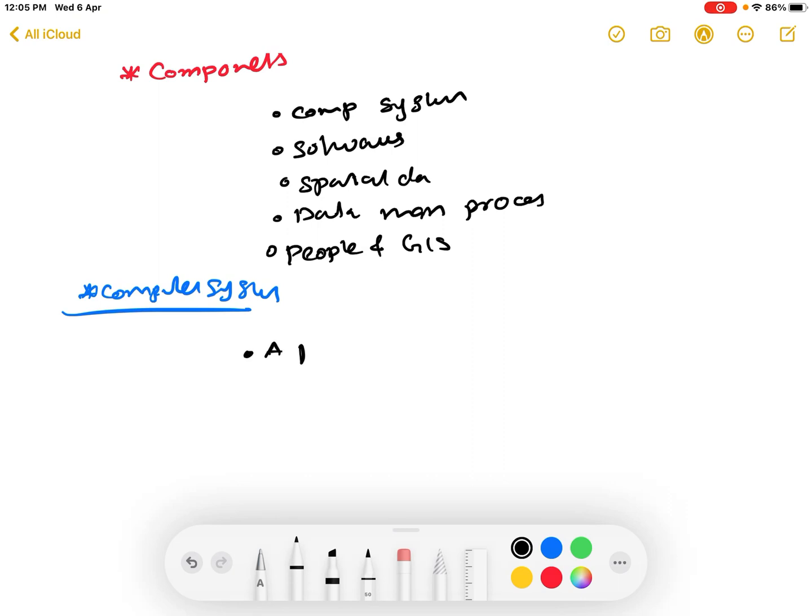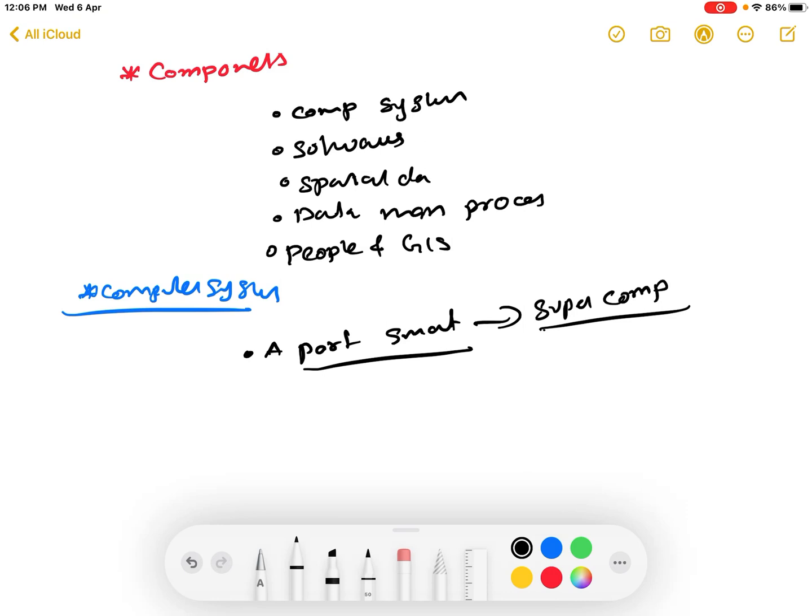We can run GIS on a wide spectrum of computers, from a portable smartphone to supercomputers. Smartphones are used by a single user, while supercomputers are used by multiple users.